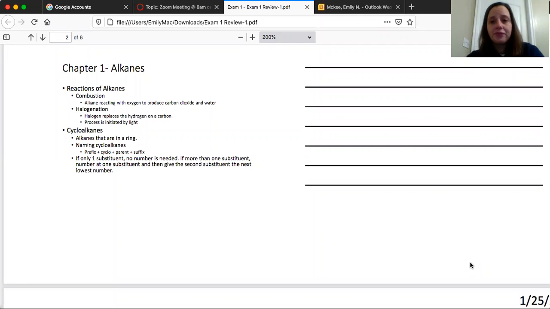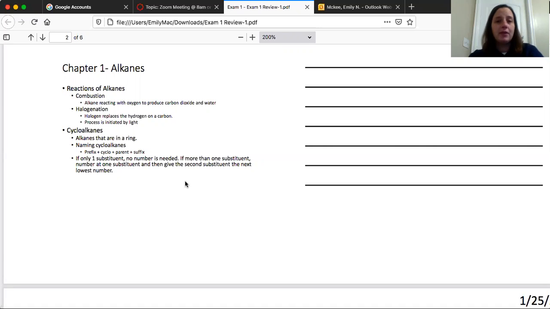So on your reaction sheet, I won't have you write the carbon monoxide one, just the carbon dioxide. Now in the multiple choice questions, I may ask, if the combustion reaction doesn't completely react, what can be produced? And you would tell me carbon monoxide.